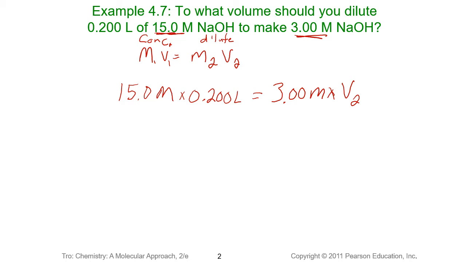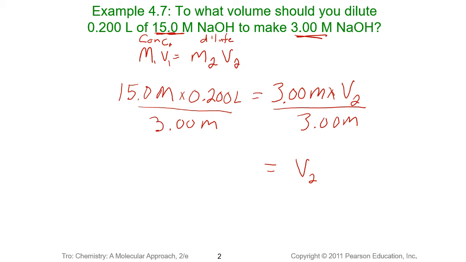And so we would have to divide by 3 molar to get our V2 by itself. And we would end up with 1 liter of solution.